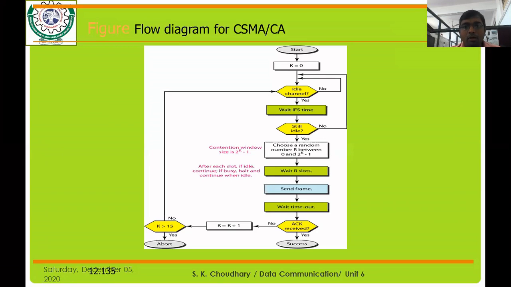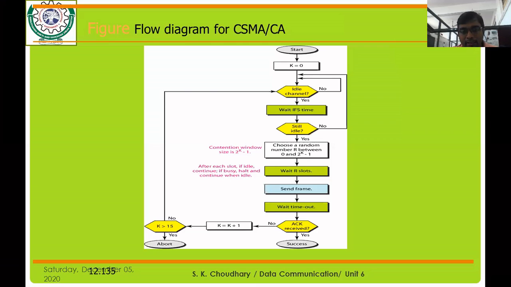So this is the flow graph for CSMA/CA. Please take the screenshot and start to fill up the attendance simultaneously. If the channel is idle, it would wait for the interframe space time, and if it is still idle, it would start to send the data. If it is not idle, it would go back to the same condition and wait for the channel to become idle.